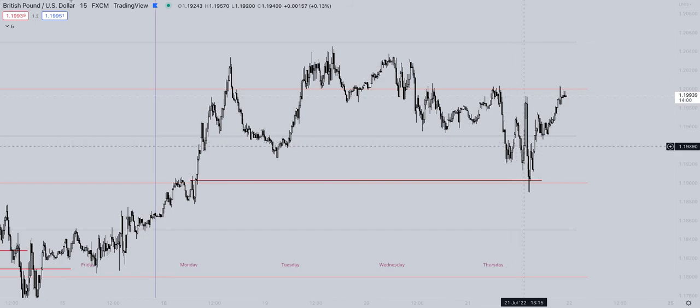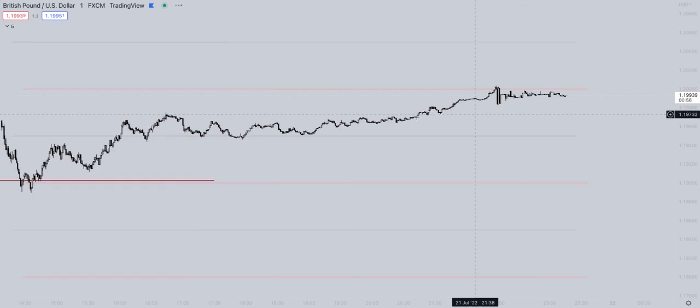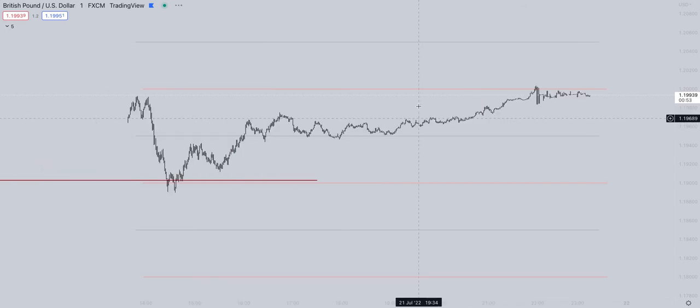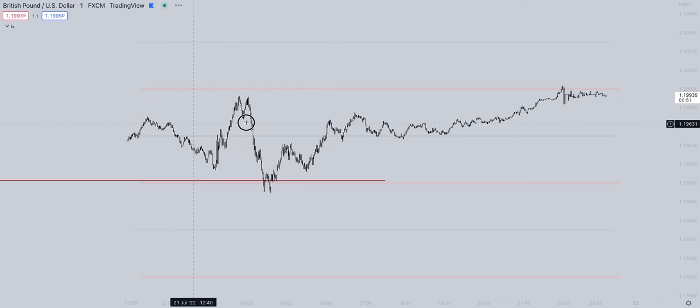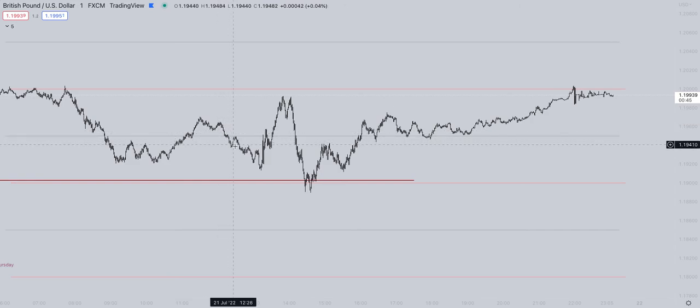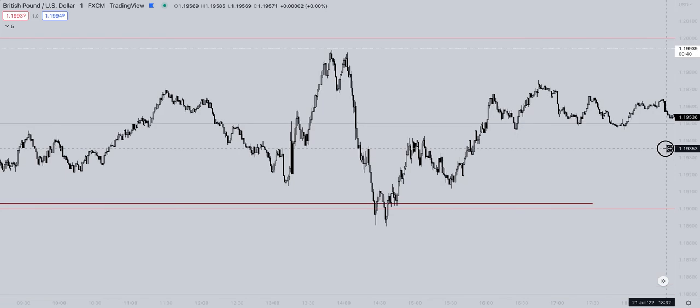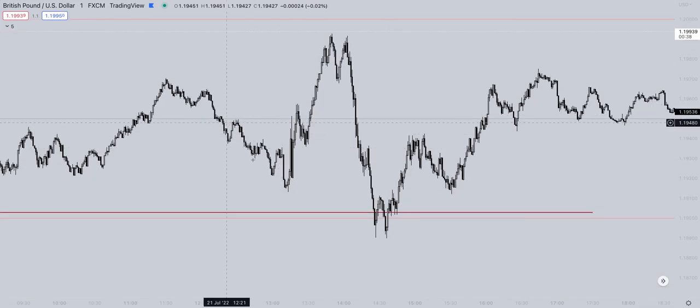But then as New York traded, we had a very similar type setup on GU. So you can see before the session starts, again, that creeping trend behavior, just lulling traders into thinking it's an easy short.